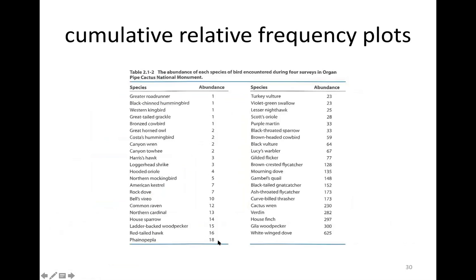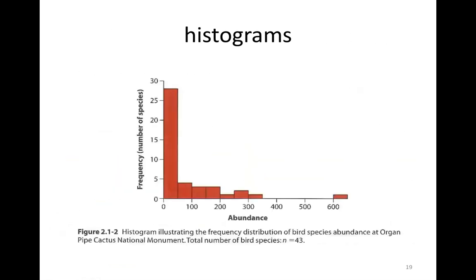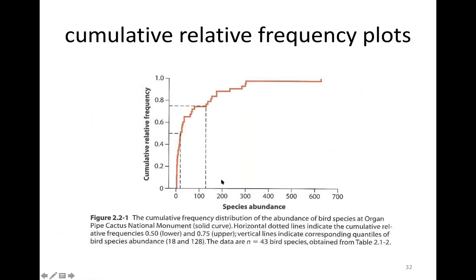Okay, so the same data that we saw here, we can describe also in a cumulative frequency plot. So the data that gave rise to the histogram, how would it look like in a cumulative frequency plot? It will look like this. Again, this very strong slope means a big part of the data is already here, and indeed already within this small value of 10 or something, we have half the data.